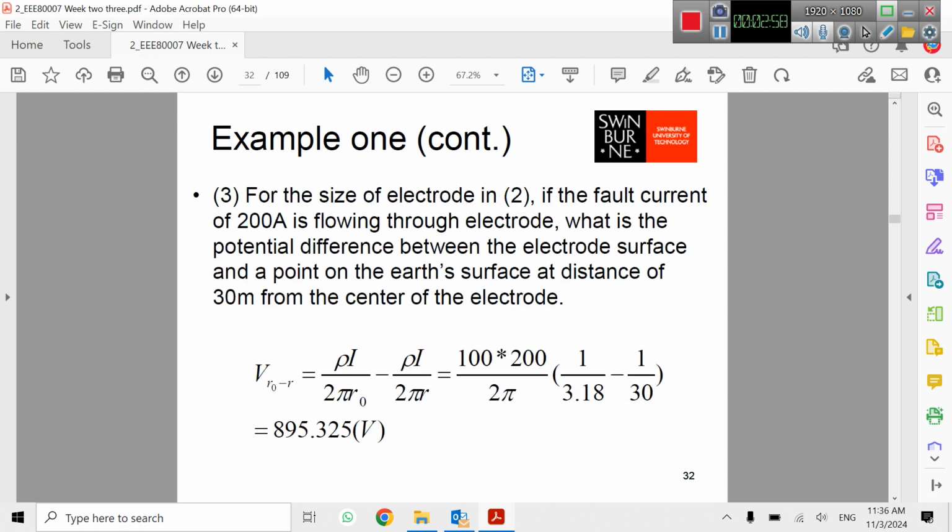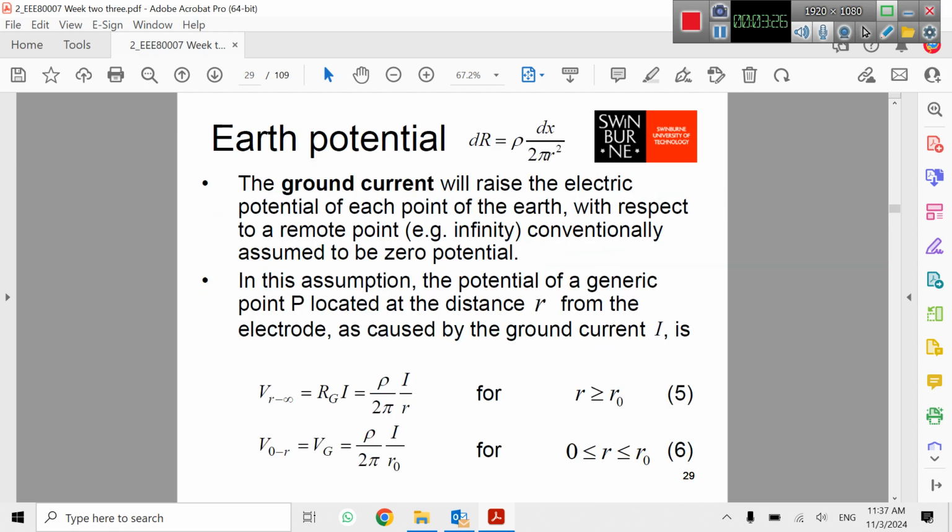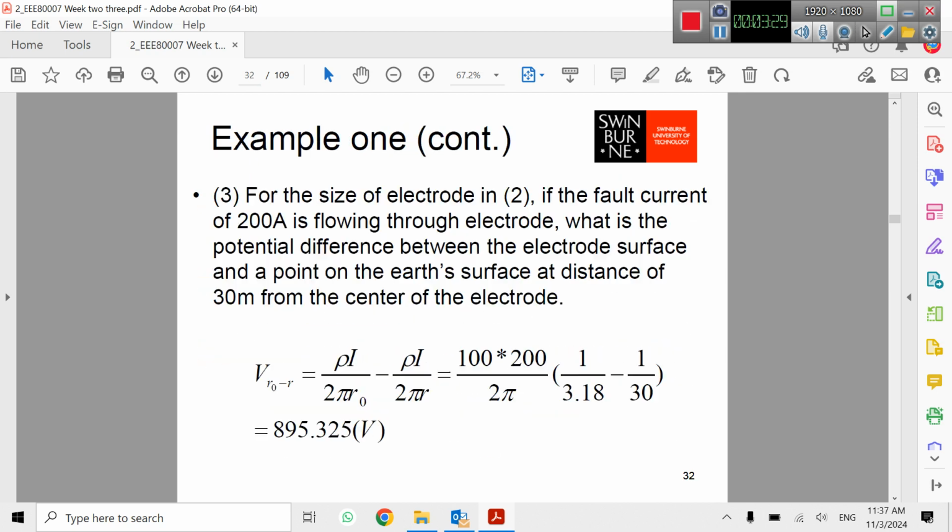The last part asks you to find the earth potential voltage between two different areas, one given by 3.18 and the new one at 30 meter. Using the equation given here, equation 5, we can calculate the voltage difference of around 900 volts.